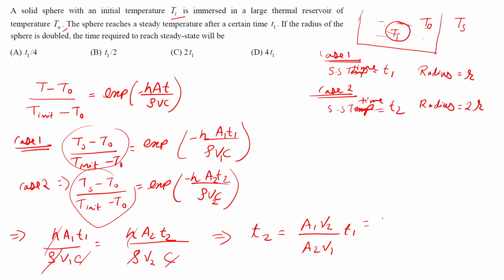Now the surface area of the sphere will be 4 pi r square. Similarly, the volume will be 4 by 3 pi r cube. Similarly, we will write it for the denominator, into T1. So we can cancel all these terms.